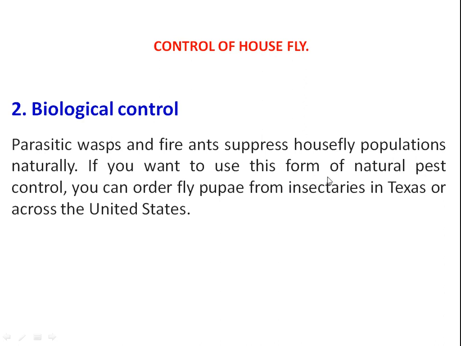If you want to use this form of natural pest control, you can order fly pupae, that is the parasitic wasp and the fly pupae, from insectaries in Texas or across the United States. The parasitic wasps are usually introduced in the area where the housefly population is small, so they never allow the housefly population to grow in that particular area.